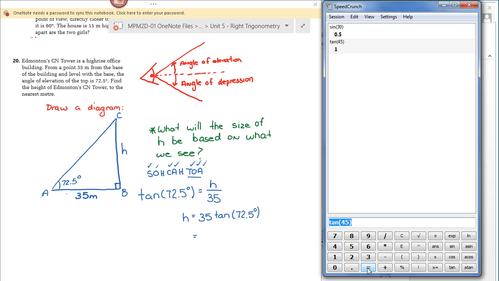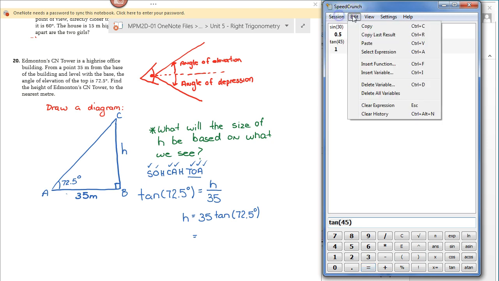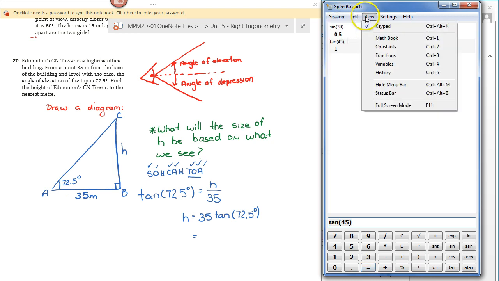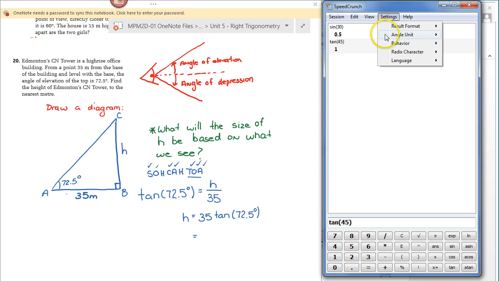And we get 1. The reason why is, if we come up to settings here, you'll see that there's an option to change your angle unit to radians, which is just a different unit for angles. But notice that tan of 45 is no longer 1.